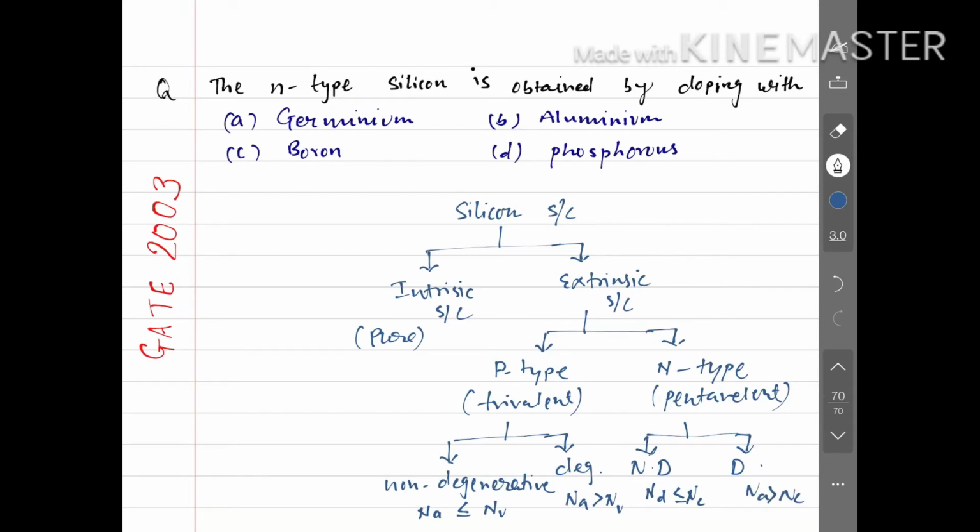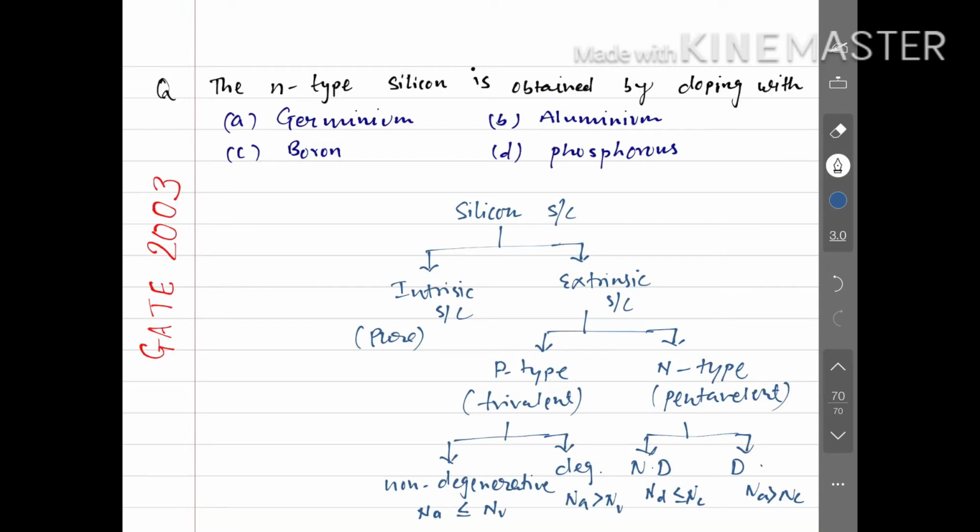In simple terms, when your doping is low or moderate, it is non-degenerative, and when your doping is higher than the available states for electrons to occupy, it is called degenerative.